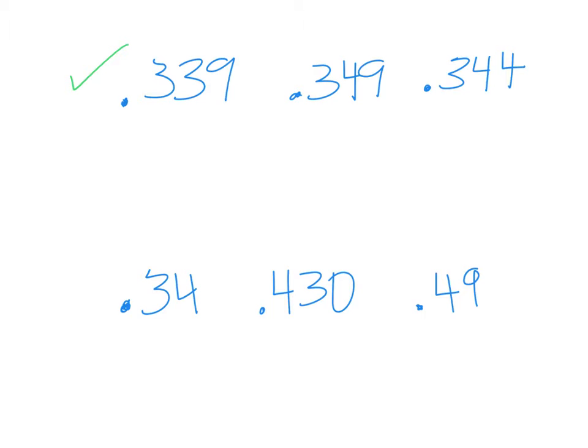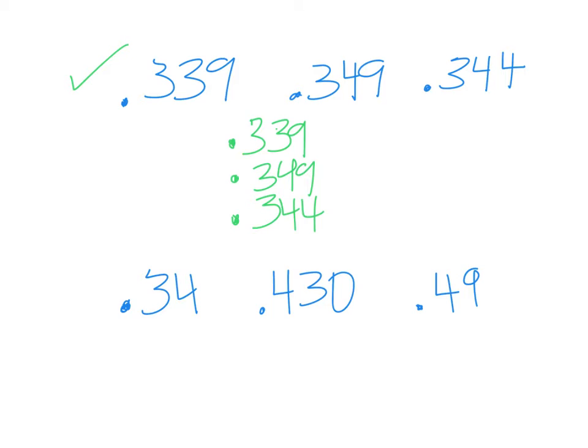If I were to look at these 3 numbers, it would be pretty simple to order them from either greatest to least or least to greatest, because I'm going to take the same strategy as comparing. I'm going to make sure that they're lined up nice and neat. So I'm going to start with 339, then 349, and then 344.